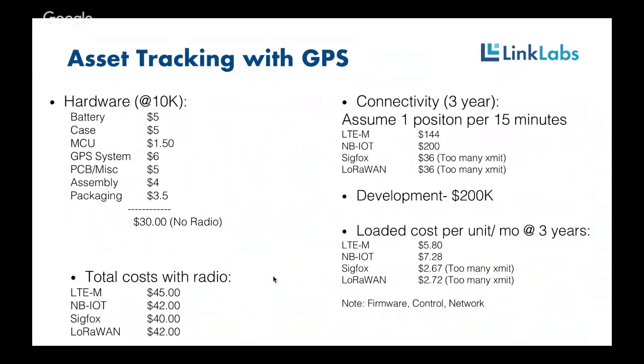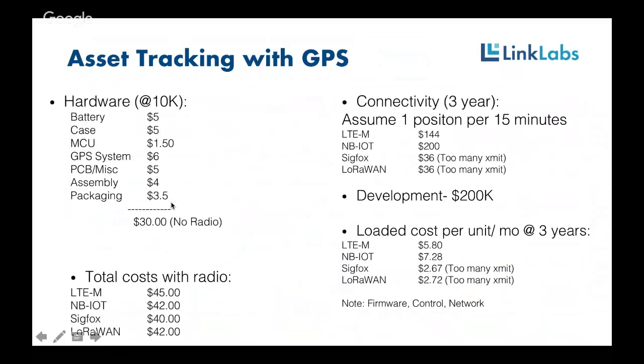So asset tracking with GPS. This is an eye chart, but just to break it down. I think that if you're building 10,000 of some GPS tracking device in a case, ready to go on a bicycle or a truck, you're looking at about $30 of BOM, assembly, testing and packaging costs without the radio. You can see the numbers I picked for these different things.